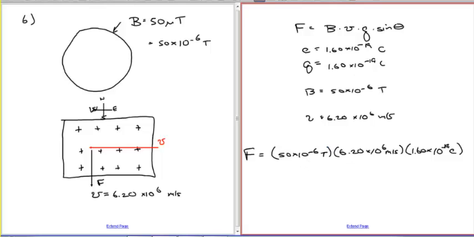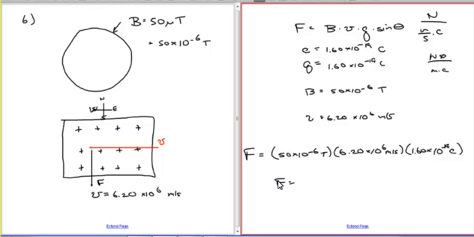Tesla is actually defined from this equation. If you solve for B, you'd get force, which is newtons, in the numerator, and velocity and charge in the denominator. So it's newtons per meters per second per coulomb, or newton seconds per meter coulomb. So if you plug that in for Tesla, you get the units of force for the answer.